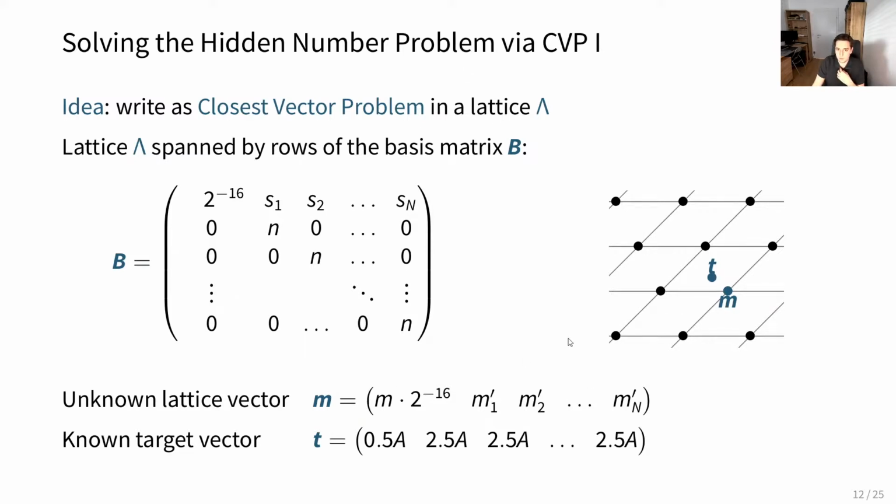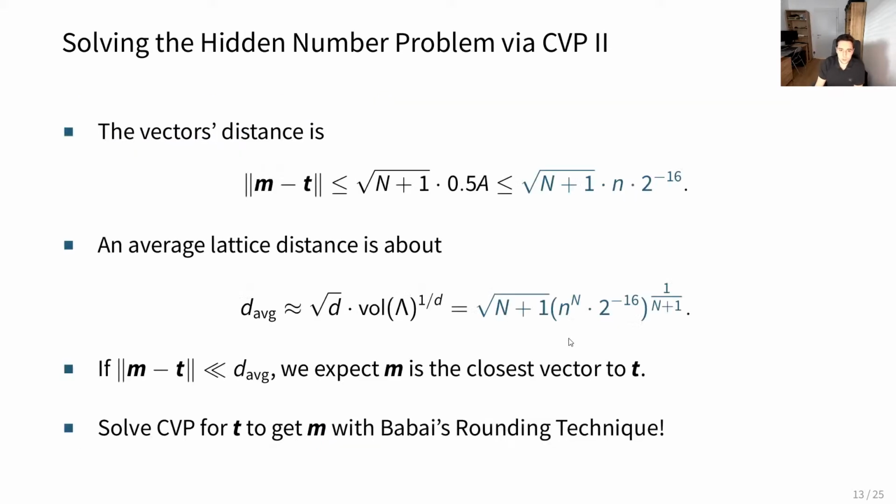So this is the idea behind this approach. And it turns out that this is very realistic because the distance between m and t is quite smaller than the average distance in this lattice. You will also hear about that in more detail in the next lecture. But we actually expect that m is the closest vector to t.